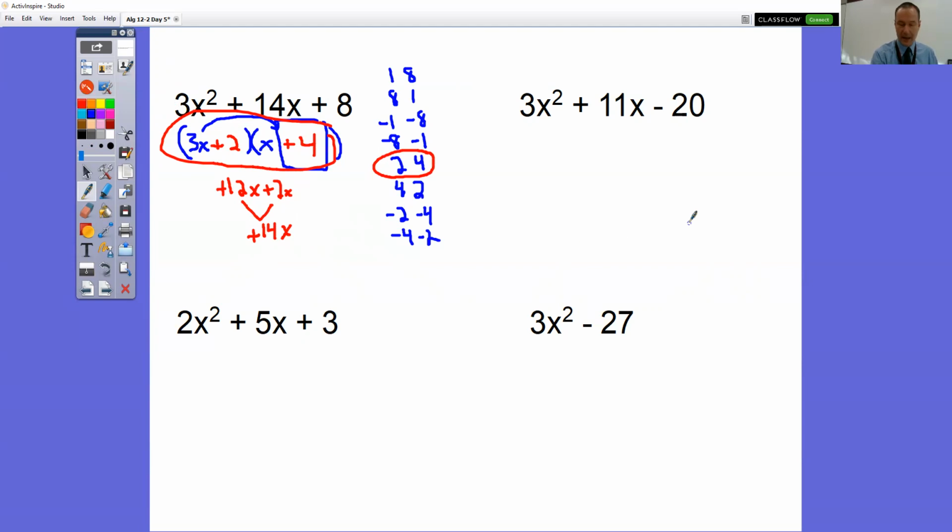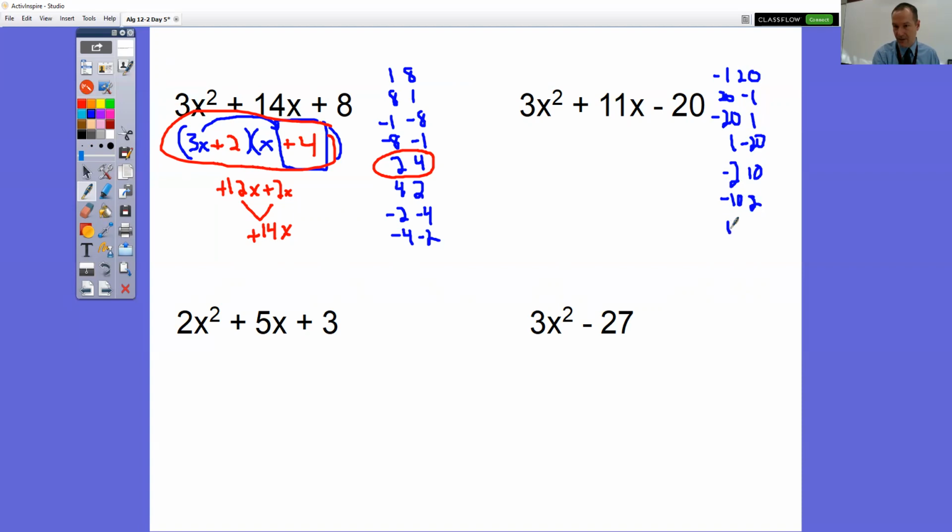Let's try another one. Negative 20. Unfortunately, you could have -1 and 20. You could have 20 and -1. We could have the reverse of that, -20 and +1, 1 and -20. We could have 2s and 10s. So -2 and +10. We could have -10 and +2.